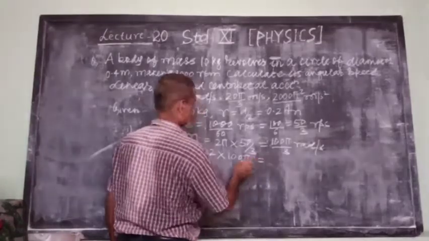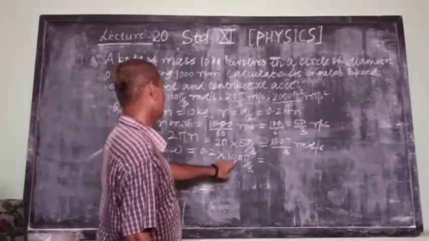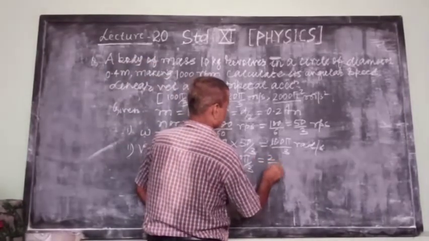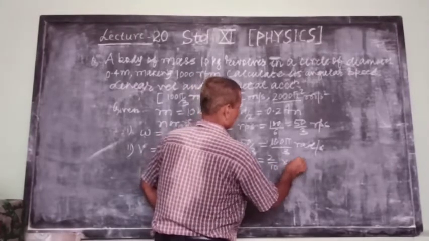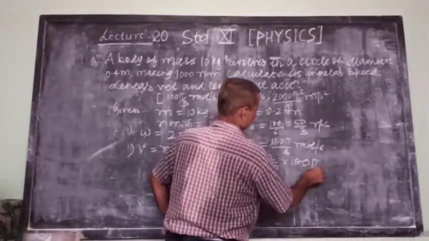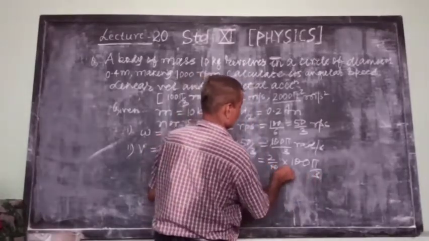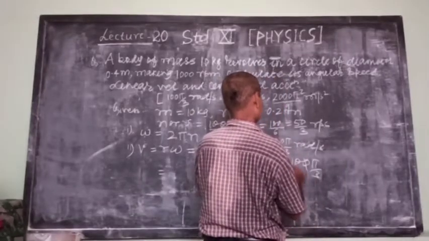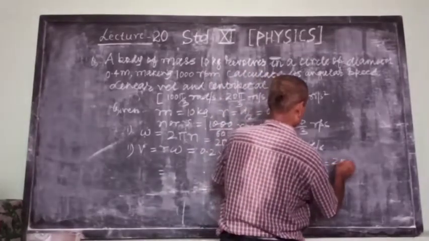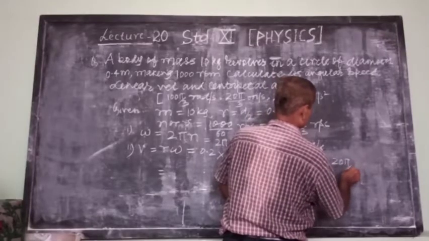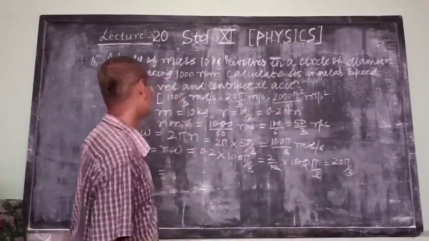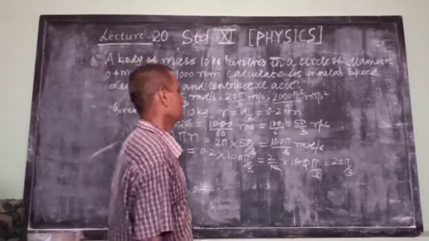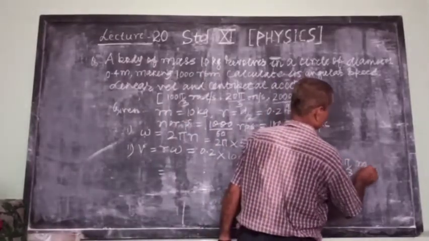So your answer will be 2 by 10 into 100 pi by 3. This 10 and 100 cancel. This becomes 20 pi by 3. This is the value of linear velocity. So its unit will be meter per second.